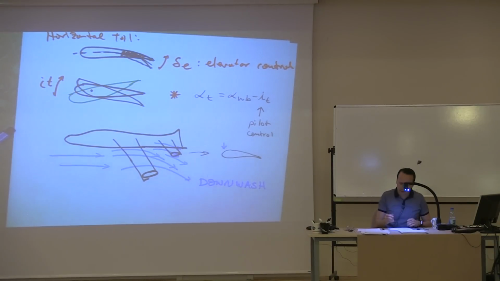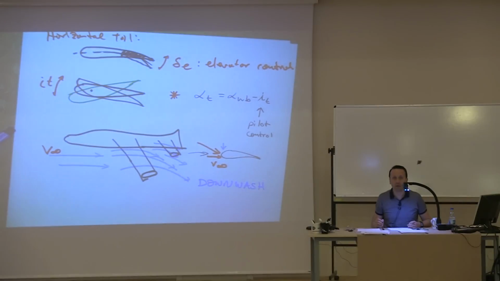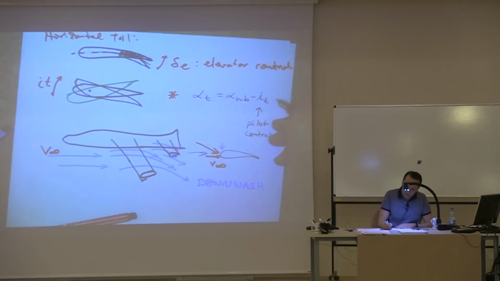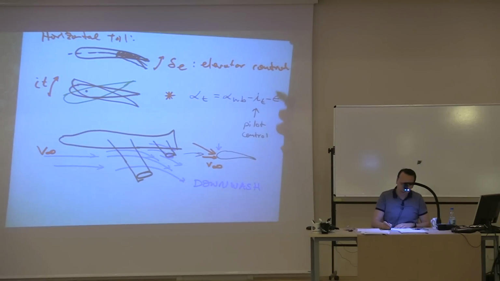If this was V infinity, and V infinity was coming like that, this plus that will reduce the angle of attack, doesn't it? If you blow air from the top onto something that moves forward, it will reduce the angle of attack. Okay? And therefore I will add a downwash component here, minus epsilon here. And this is like the downwash component.